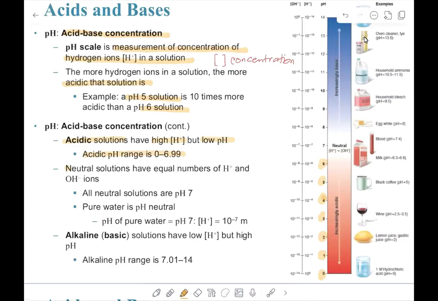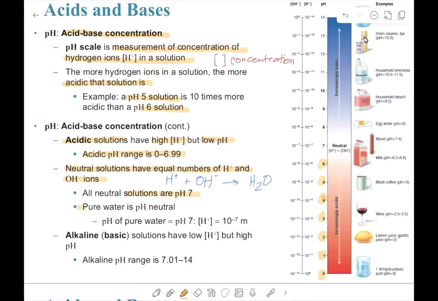Neutral solutions have an equal number of hydrogen and hydroxide ions. This makes a lot of sense when we consider that when we add hydrogen to hydroxide, we get water. We have two H's and one O. So all neutral solutions have a pH of 7.